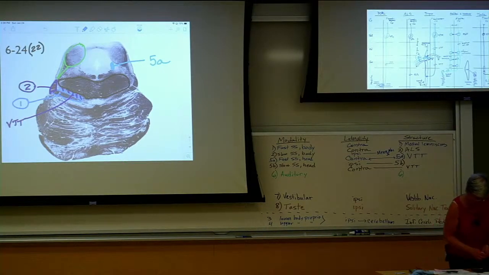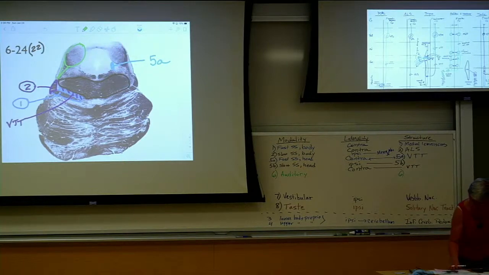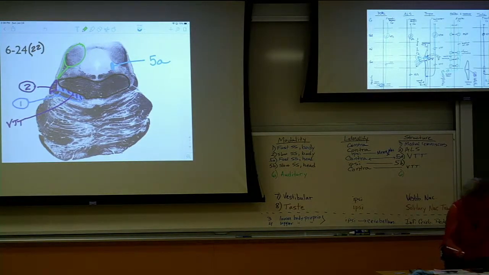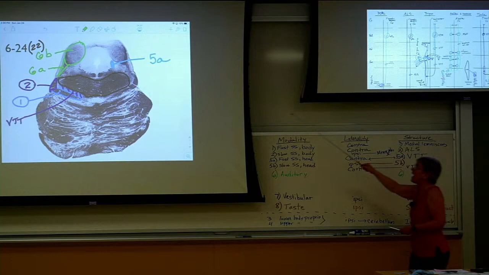Okay, so that is for all of our somatosensory information getting through this section. Now what else do we have on here? Well, we have some structures that are important for the auditory system. So we have 6A. Actually, no, let's make that 6B. This will be 6A, and that will be 6B. And what we have at this level is our lateral lemniscus, which is 6A.